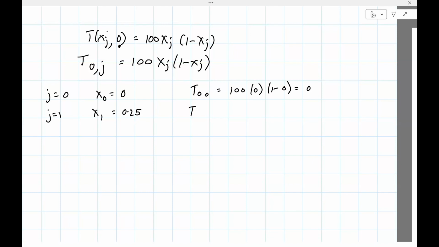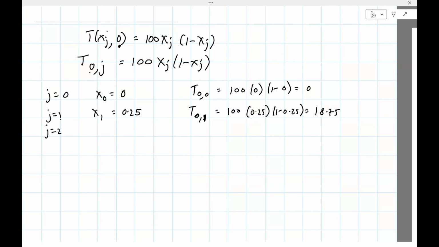So T(0, 1) equals 100 times 0.25 times (1 minus 0.25). That comes out to be 18.75.